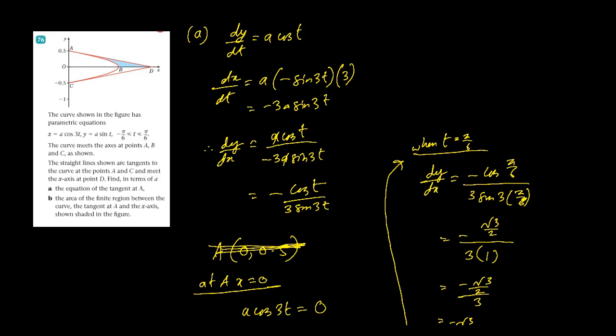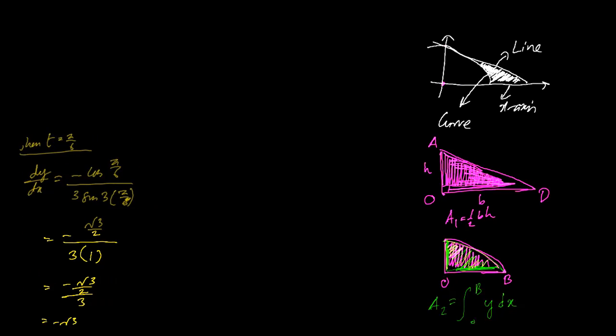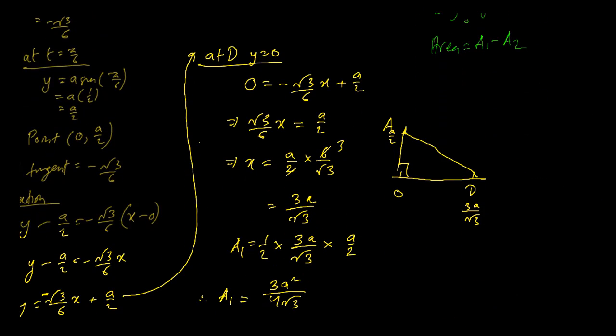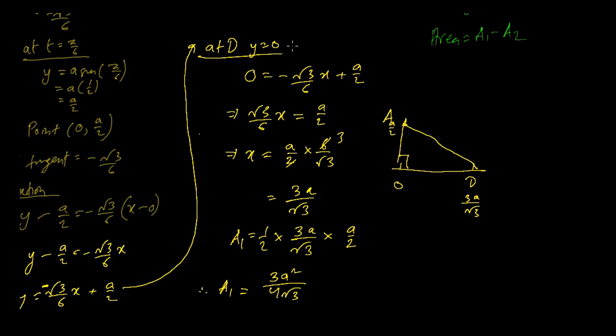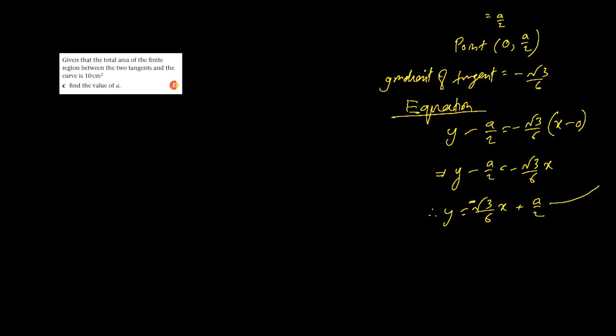So let's find the limits here. This is question number B. We are doing B. So at the x-axis y equals 0. So what is the expression in terms of y?